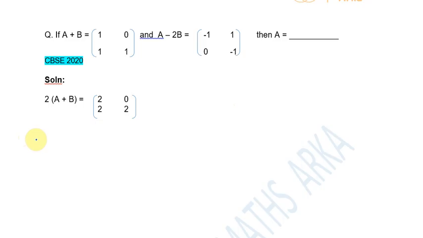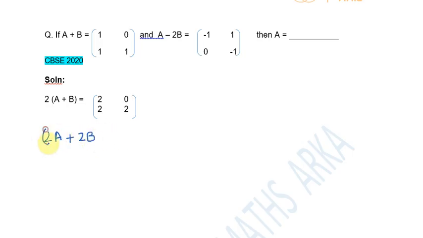If B was asked, if we needed to find the value of B, then we must try to get rid of A. So for now let's try to get rid of B. If we multiply 2 with A plus B, then it comes out to be 2A plus 2B.